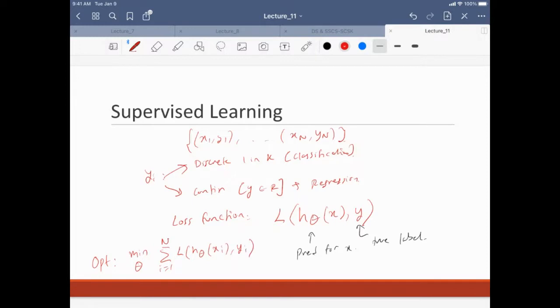So you're taking your training data set, taking the sum of the loss function over your training data set, and trying to find the theta which minimizes this sum of losses. So this is the supervised learning perspective. And the entire magic of supervised learning is designing this loss function. That's where in the machine learning class we spent several lectures talking about different kinds of loss functions.